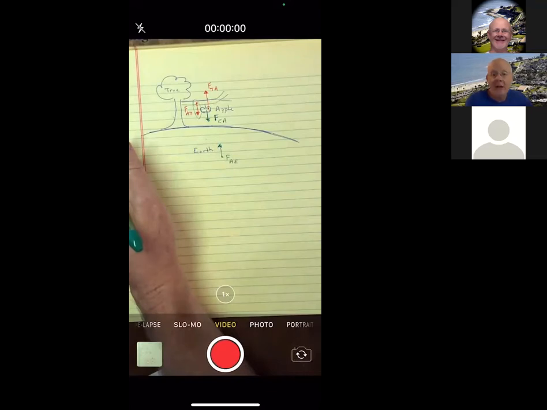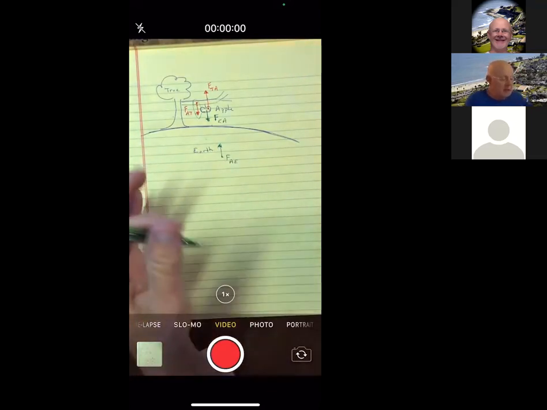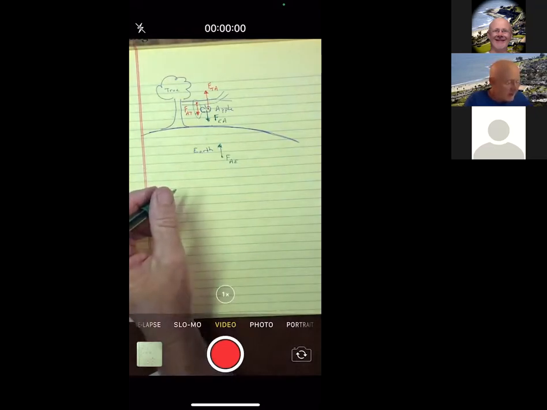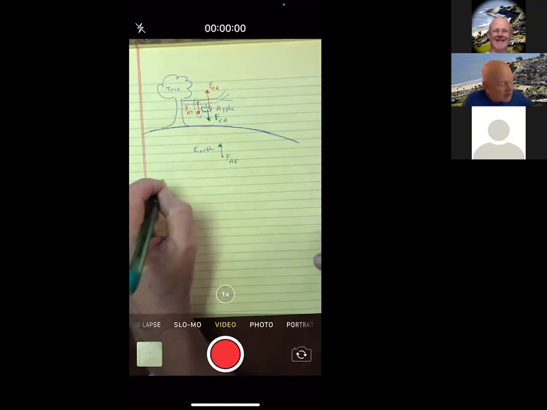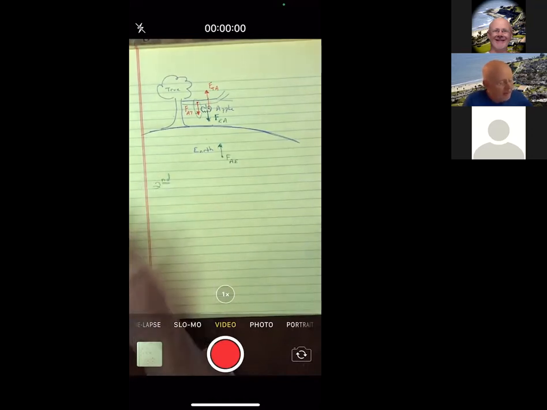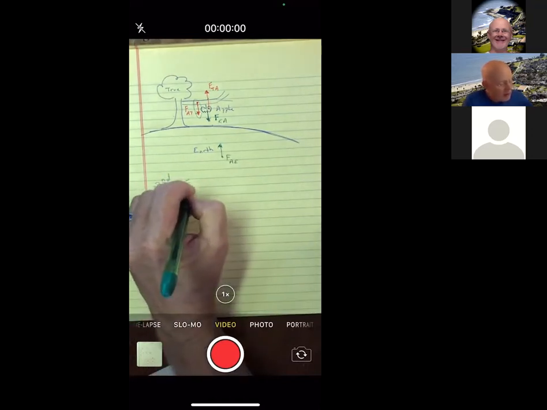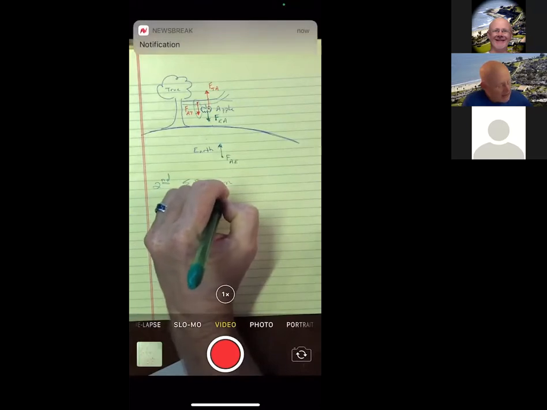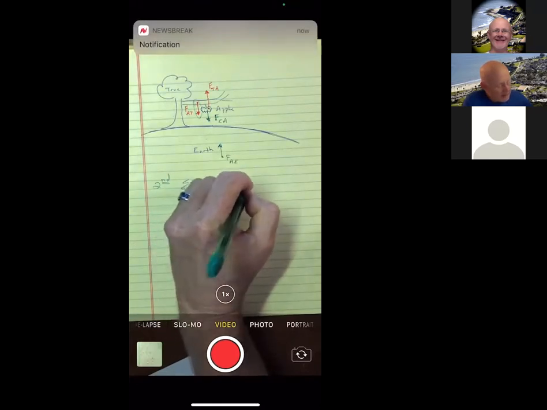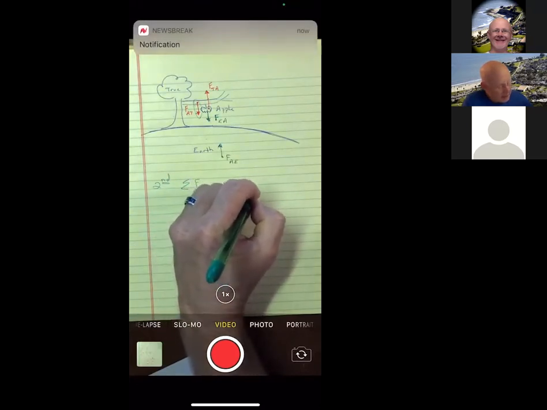And I think what you're expanding on is saying that if you look at the second law here, where you add up all the forces on the apple, which has to equal the mass of the apple times the acceleration of the apple.